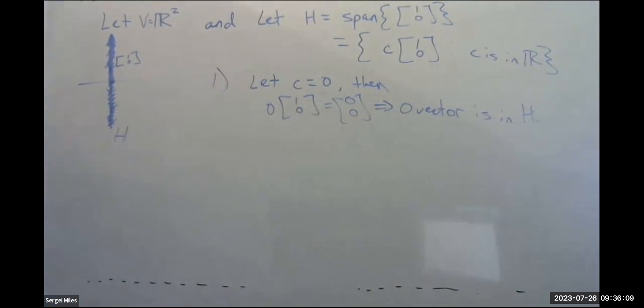What about 2? We want to be able to add any vectors together, and we want them to still be in the set. Is it possible to add 2 vectors together, which will get us off of this line? Well, we can check.